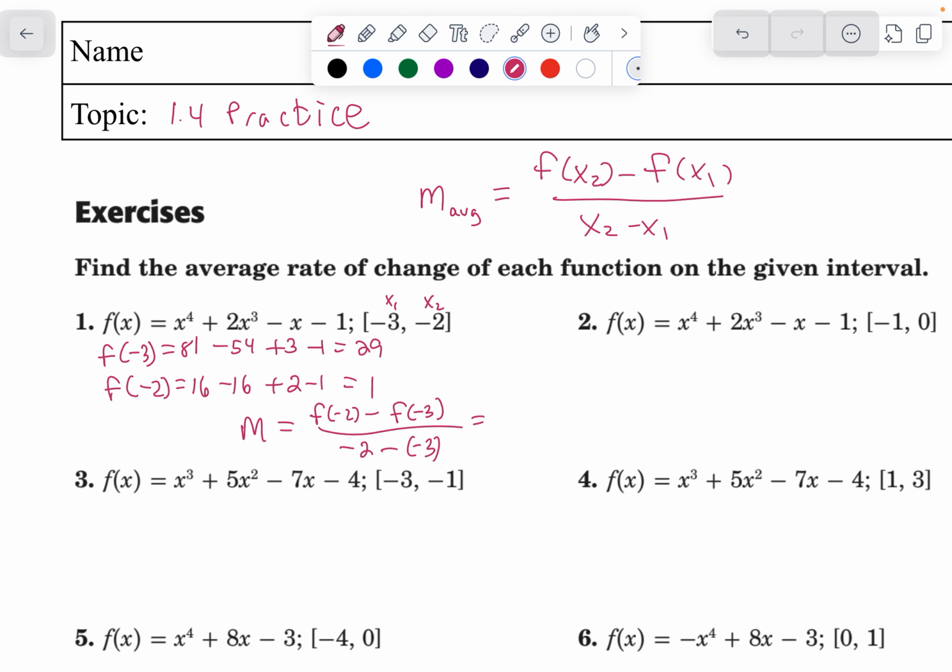So we already did that calculation, we got 29, minus that calculation of 1 over -2, that's going to become plus 3, which is 28 over 1, or 28. So there's a very steep, positive directional slope between the point -3, 29 and the point -2, 1. So that's what that is.